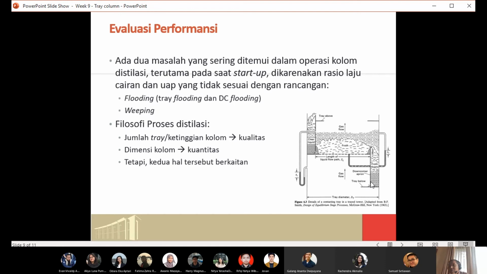But those terminologies are actually the same, to show that there will be an accumulation of liquid inside this downcomer more than the required level, which is 70 to 80%, higher than that. Okay, is it clear related with the downcomer flooding?